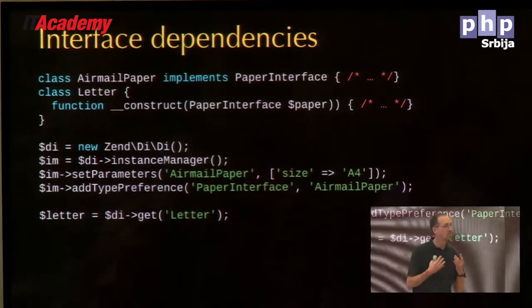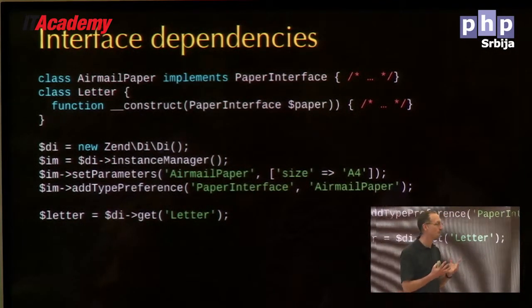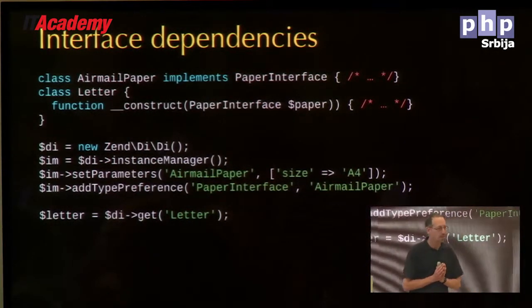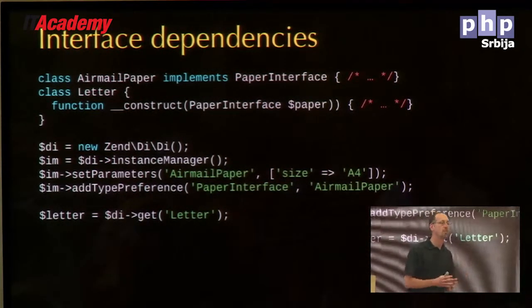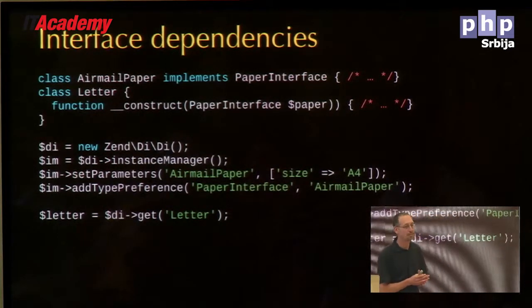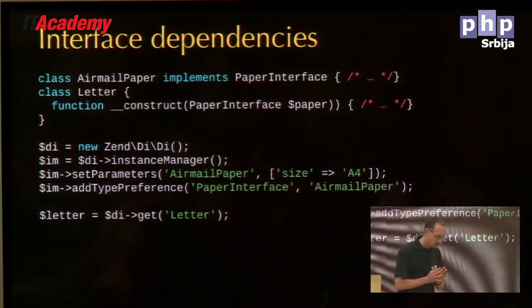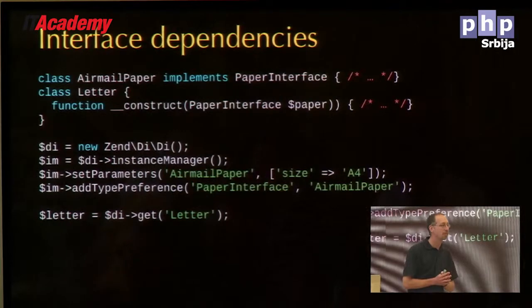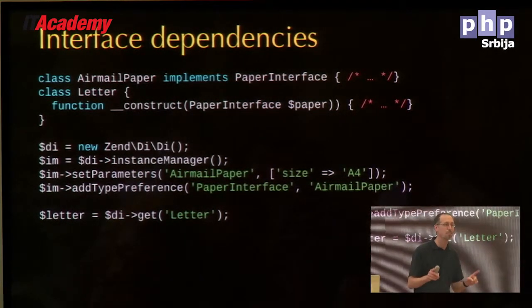Paper interface will then define the methods that my letter needs in order to work. And I can now pick and choose which type of paper my letter works with. If I've used a concrete implementation as my type hint, I have lost a lot of flexibility. So again, do not do that. Always type hint to an interface.